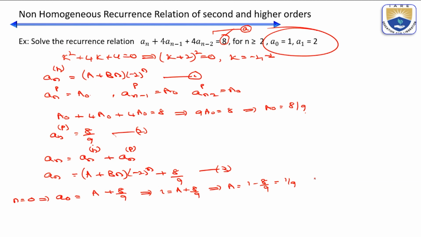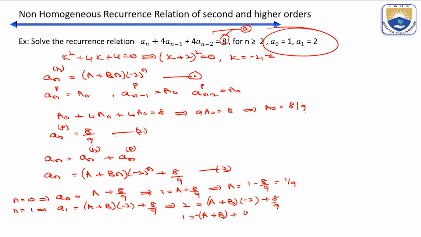Similarly, if n is equal to 1, a1 equals (A plus B) times minus 2 plus 8 by 9. Now a1 is equal to 2, so 2 equals (A plus B) times minus 2, plus 8 by 9. Dividing throughout the equation by 2, we get 1 equals minus (A plus B) plus 4 by 9.